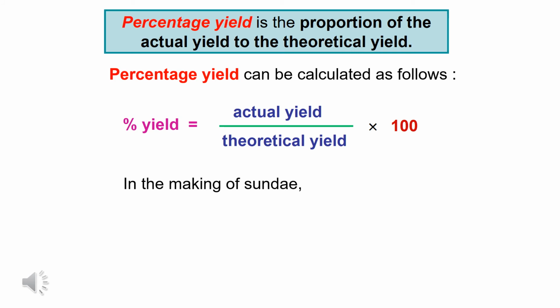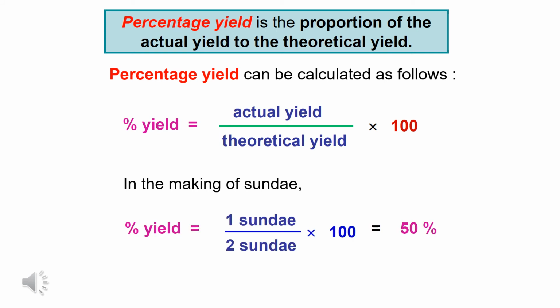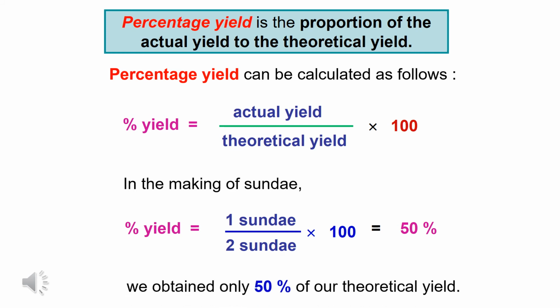To relate with the analogy, the making of sundae, percentage yield equals 1 sundae over 2 sundae multiplied by 100 equals 50%. So, we obtain only 50% of our theoretical yield.